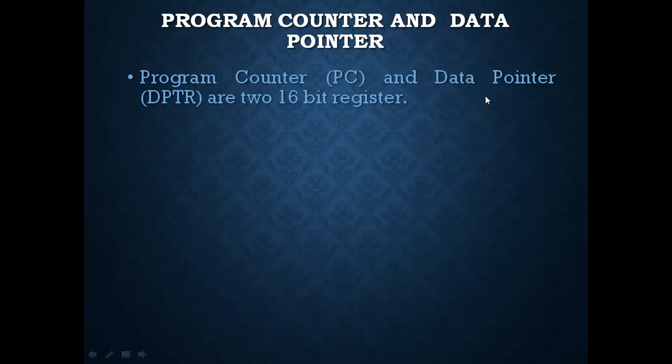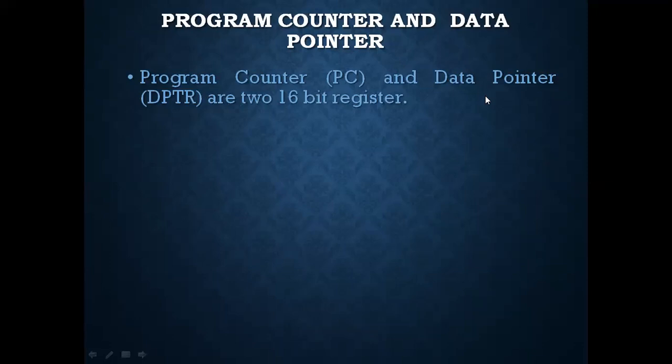As the program counter stores the address of the next instruction to be executed, the program counter length should be 16-bit, and the data pointer register is divided into two parts, that is data pointer high and data pointer low.